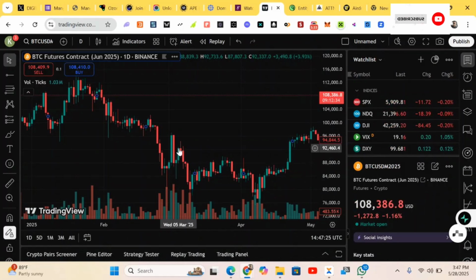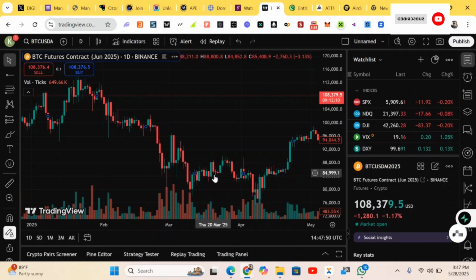And you can see the long wick over here, where the sellers came, and the price came down to this level. You can see the signal over here where the sellers came and dropped it down to this level.